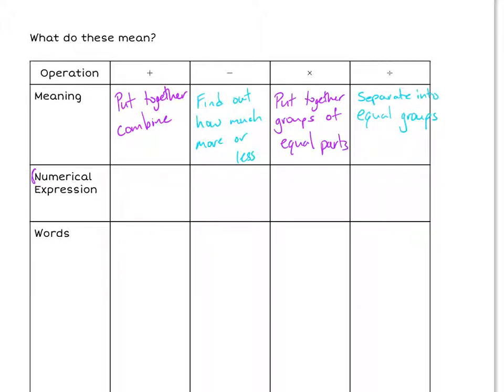Maybe not the best example, but if you go to a restaurant and there's 10 tables and there's 8 chairs at each table, we're putting together groups of 10. We're going to make them all equal size, 8 chairs. How many chairs do we have total? You have to do 8 times 10. So that's kind of the multiplication piece. Again, the meaning of multiplication in that sense is probably the most confusing of the 4.